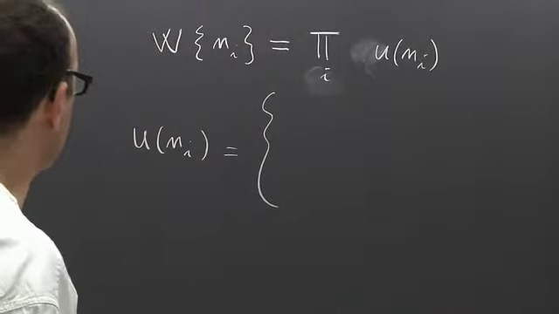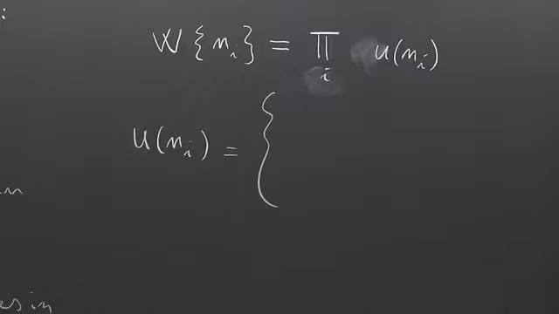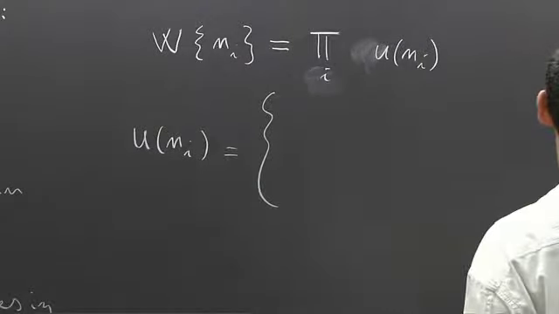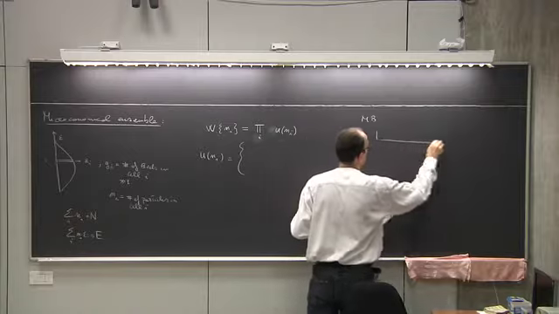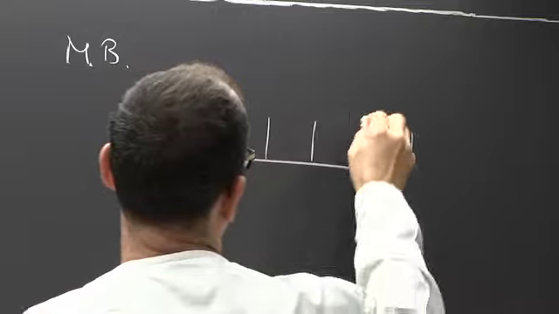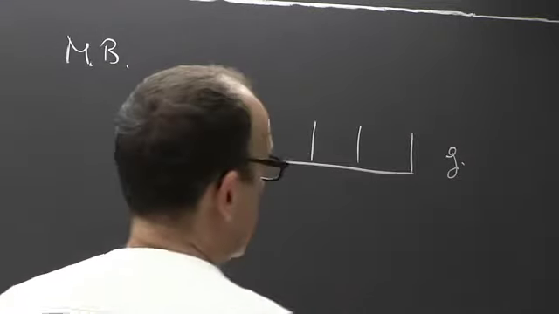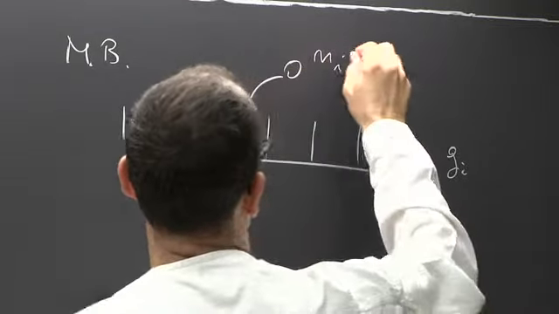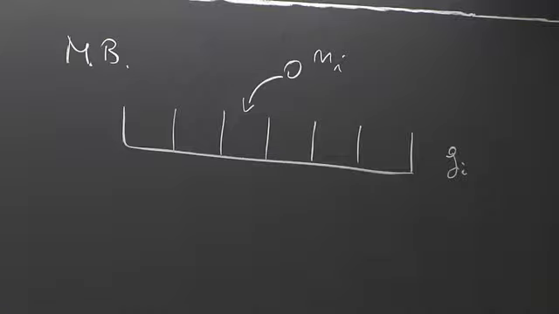In the case of the Maxwell-Boltzmann statistics, you have to think of the problem where you have G_i boxes, and you have to put N_i particles in these boxes, and you have to compute in how many ways you can do this.